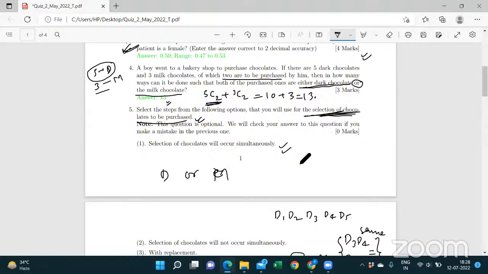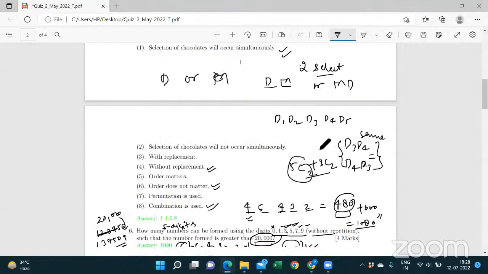Suppose I'm saying you have to select 2 chocolates, and I said first chocolate will be dark and second will be milk. Then tell me the steps. So you have to select 2 chocolates: I will choose dark chocolate then milk chocolate, or I can choose milk chocolate then dark chocolate. Is that clear? Yes, sir.